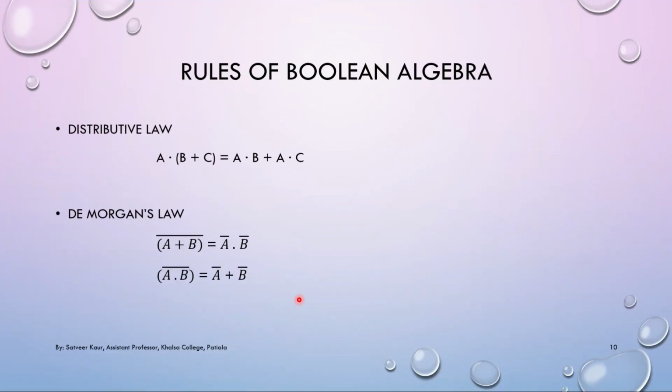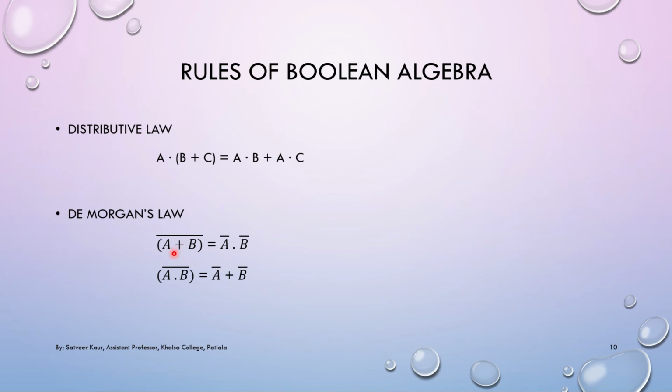The next one is the distributive law. If we first perform the OR operation B or C and then AND A with the resulting output of B or C, it will be equal to A and B or A and C. The next one is De Morgan's law. De Morgan's law is: A or B, its inversion, will be equal to A inversion and B inversion.